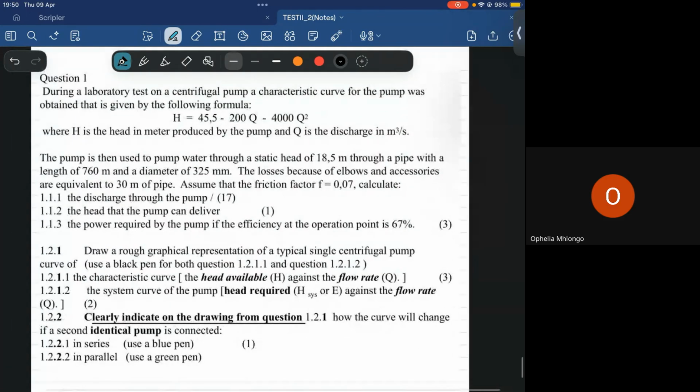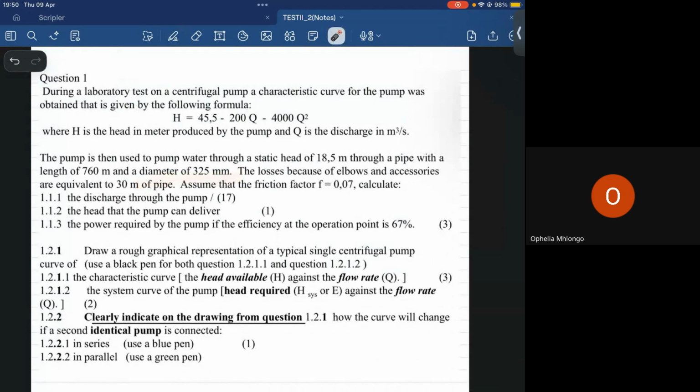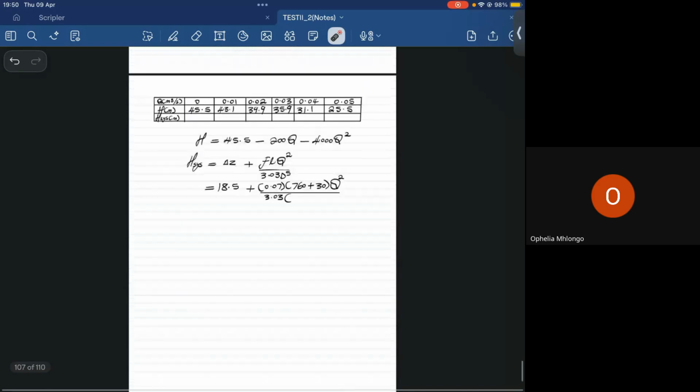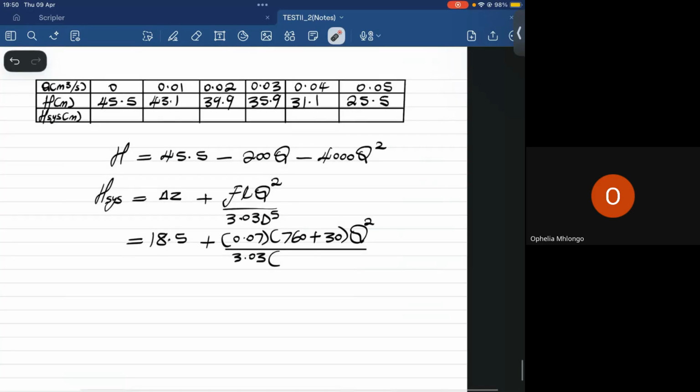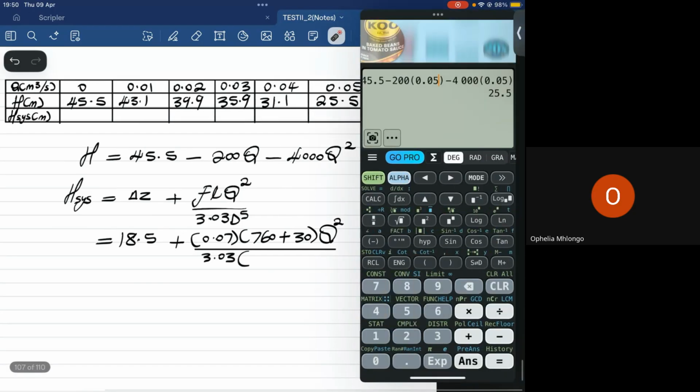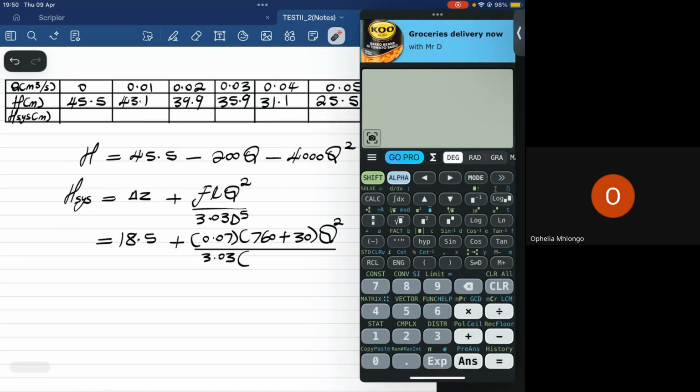So the diameter is given in millimeters here, and it equals 325 in magnitude. So we must convert this to meters. That's 325 millimeters to meters.